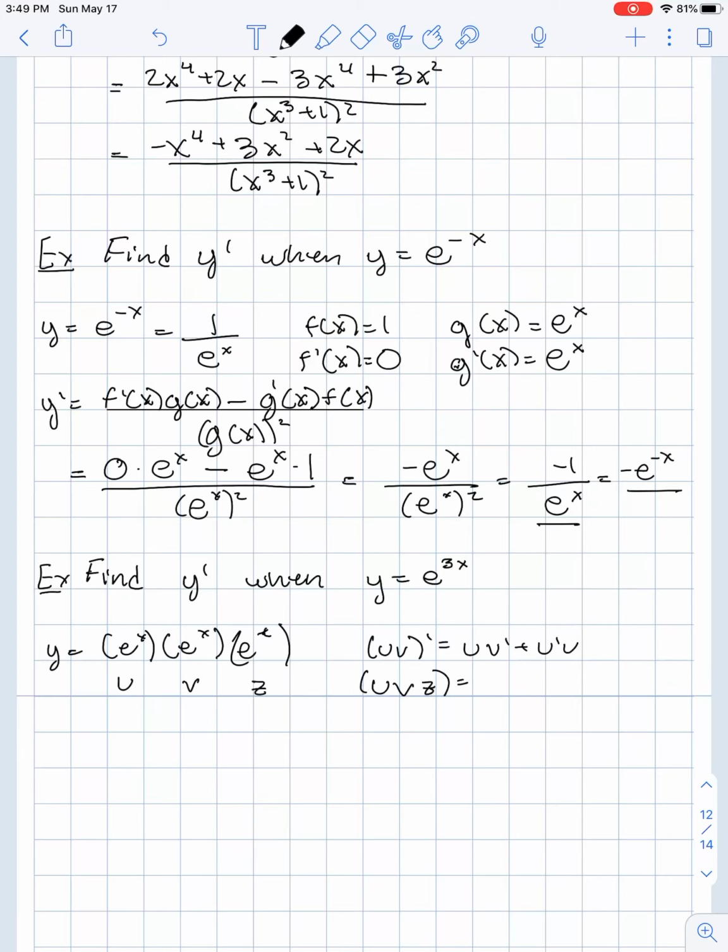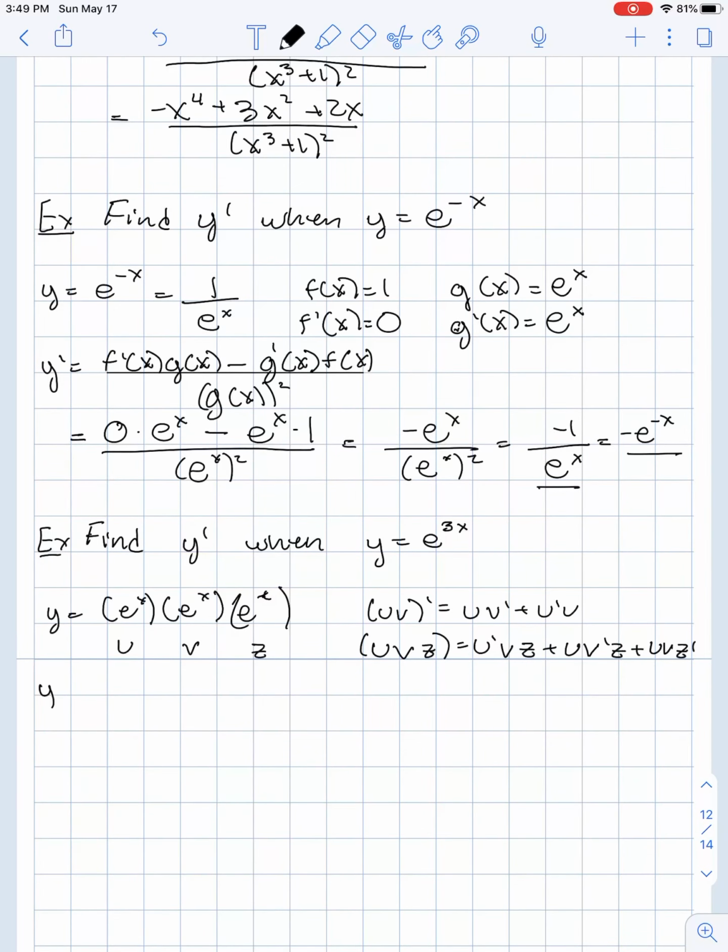Notice that in product rule, one function gets its derivative taken at a time. So we're going to have u first, so u prime v z plus u v prime z plus u v z prime. And that follows for any number of terms, functions, whatever you have multiplied by each other.